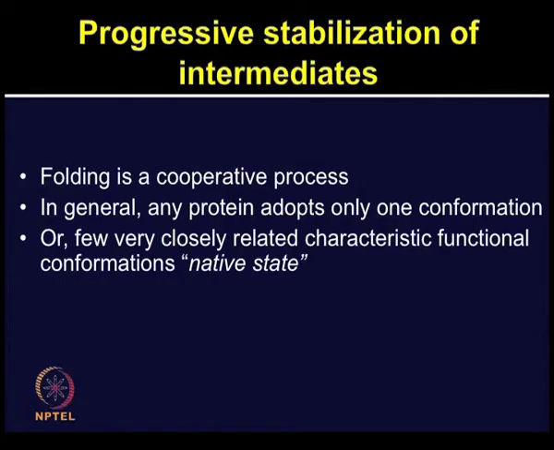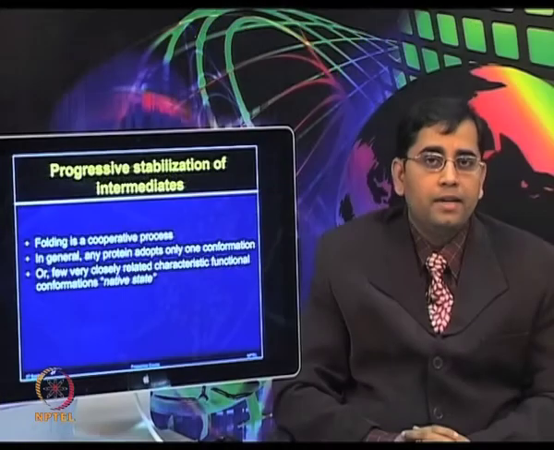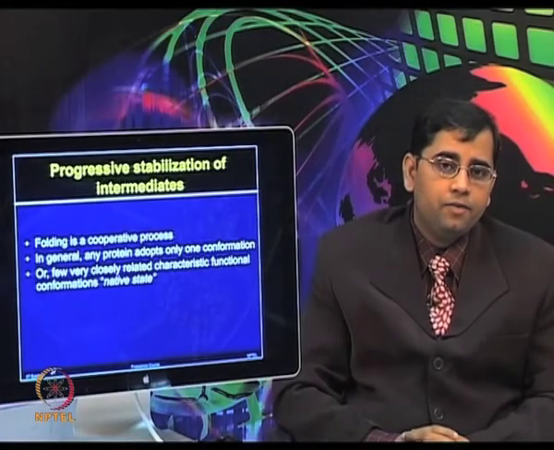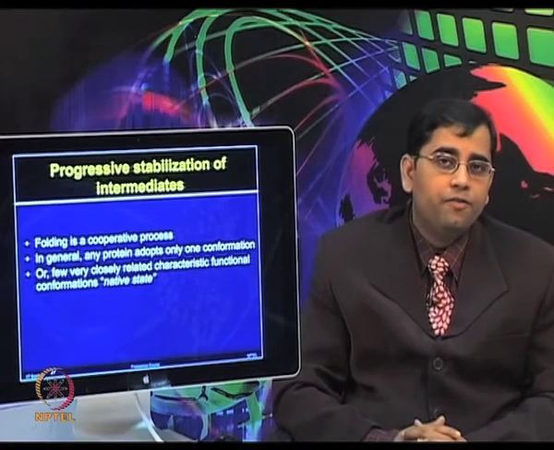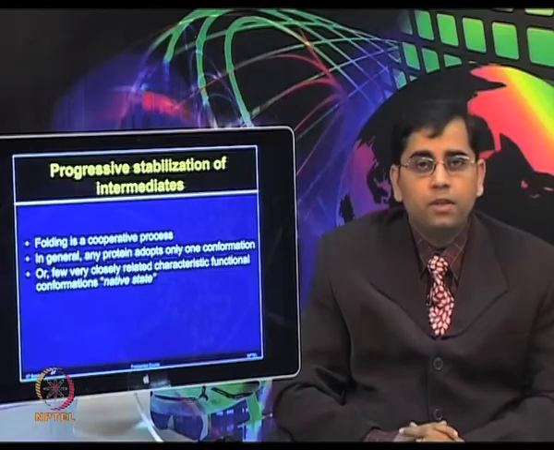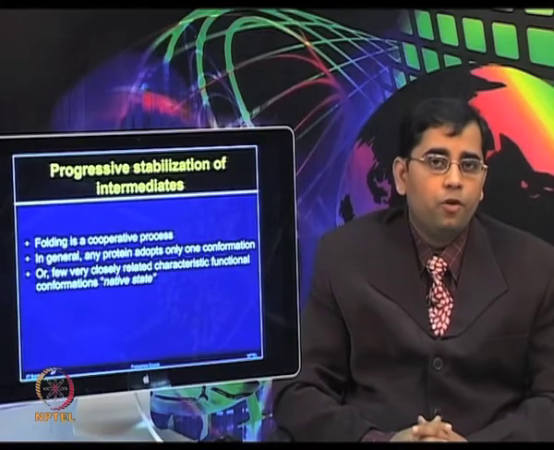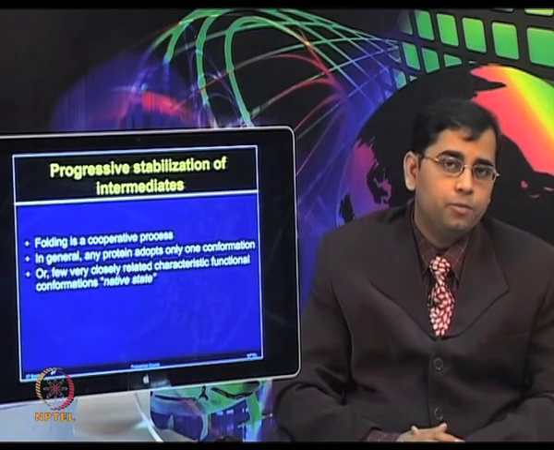In general, any protein adopts only one conformation, which we just talked about in the last slide, or a few very closely related characteristic functional conformations may occur, which will give rise to the native state. Native state in this context will be the conformation which has the lowest free energy, or the most stable folded form for the majority of proteins.